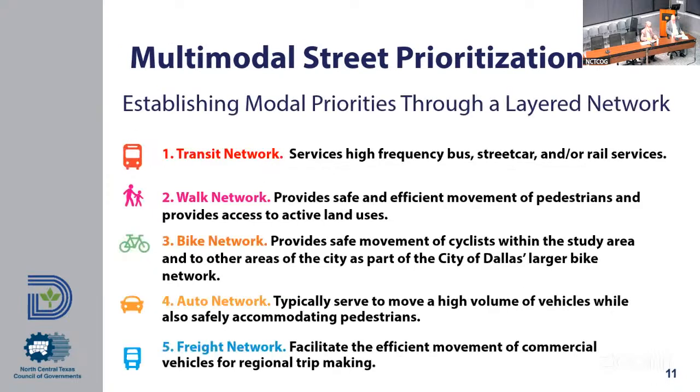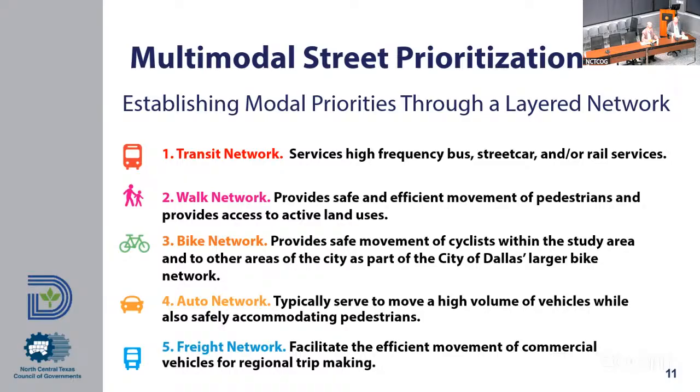On the next slide, the multimodal prioritization looked at 5 roadway users, be it transit, pedestrian, bicycle, vehicle drivers, and freight. The transit network includes streets that service high-frequency transit. The walking network includes streets in high-population areas adjacent to active uses.